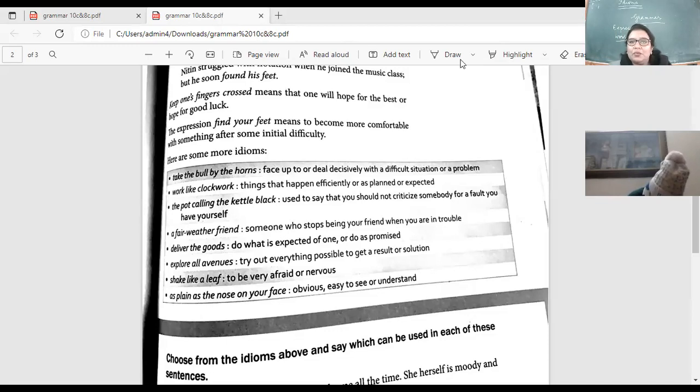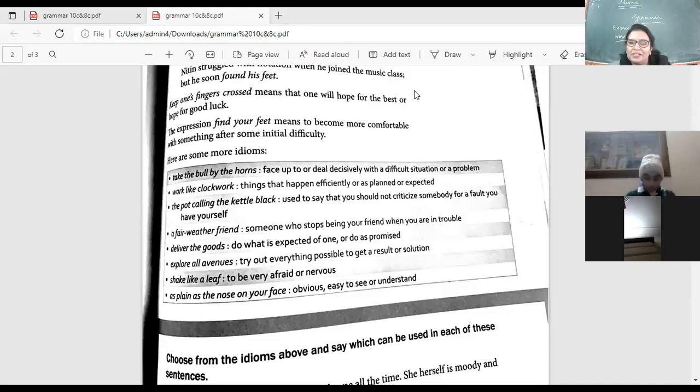So just like the clock moves, can we make a sentence? This idiom can be guessed: work like, so just like a clock, work like clockwork. It keeps on moving. Make a sentence using this. Let's see, make a sentence. Okay, right.